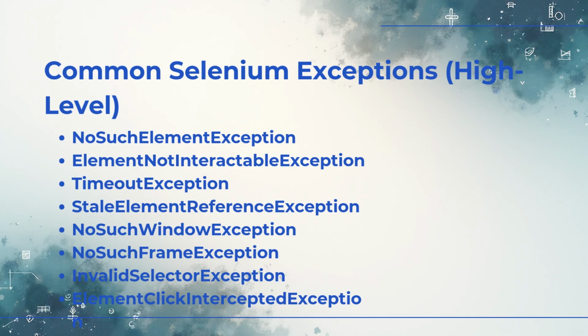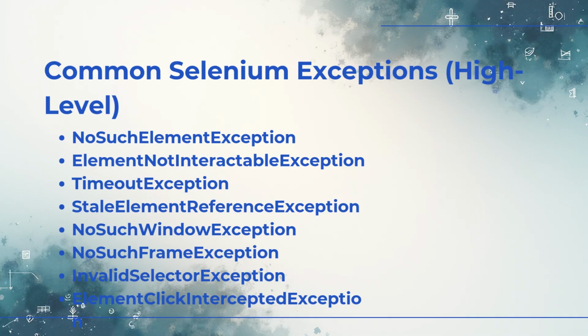NoSuchWindowException, NoSuchFrameException. These exceptions occur when Selenium tries to switch to a window or frame that doesn't exist. This often happens when the pop-up closed early or the frame name changed. So if Selenium can't find the window handle, it throws NoSuchWindowException. The same applies to frames.